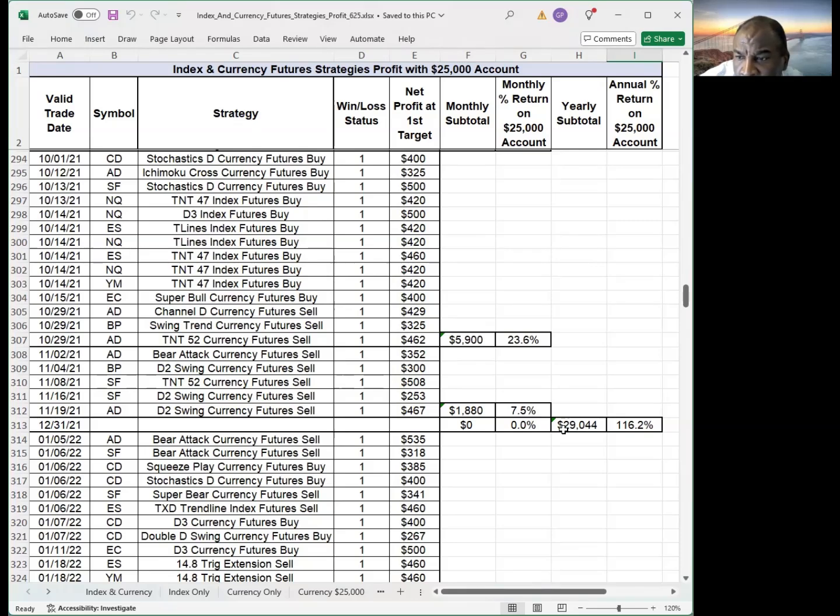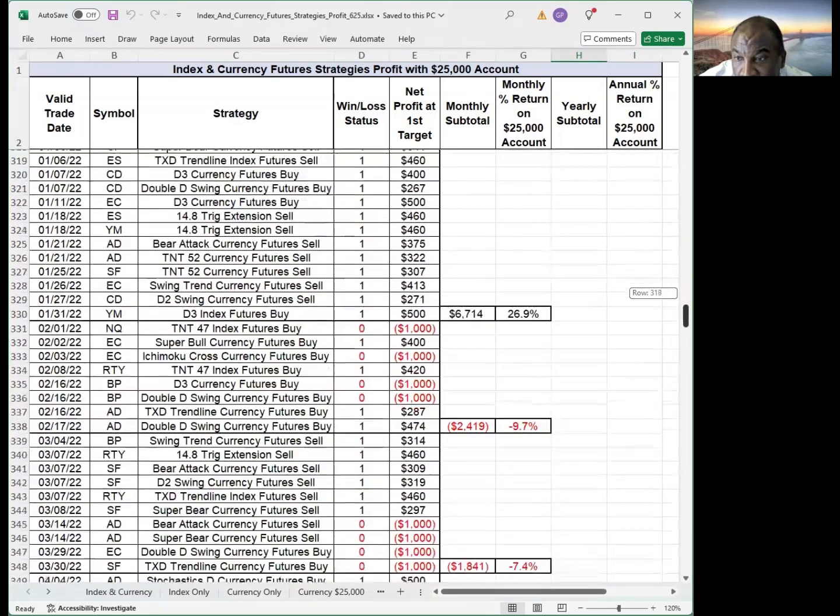This is based on a 4% account risk per trade, which is absolute high end. Don't go more than 4%.